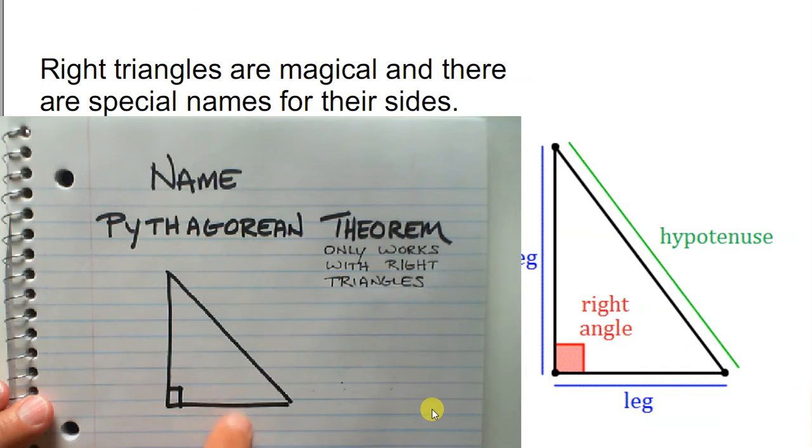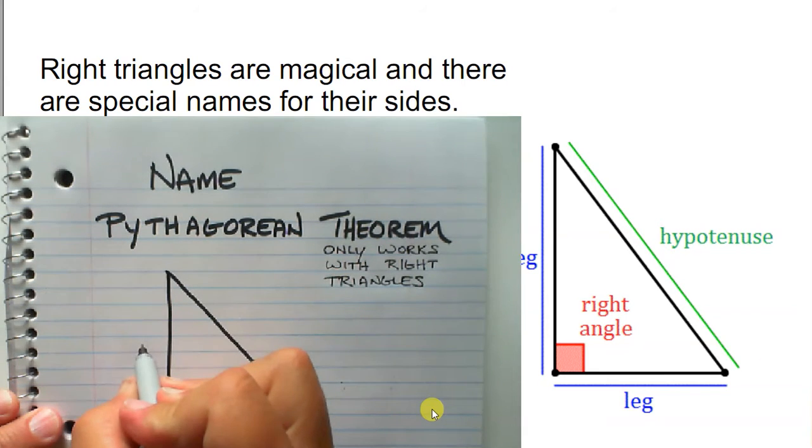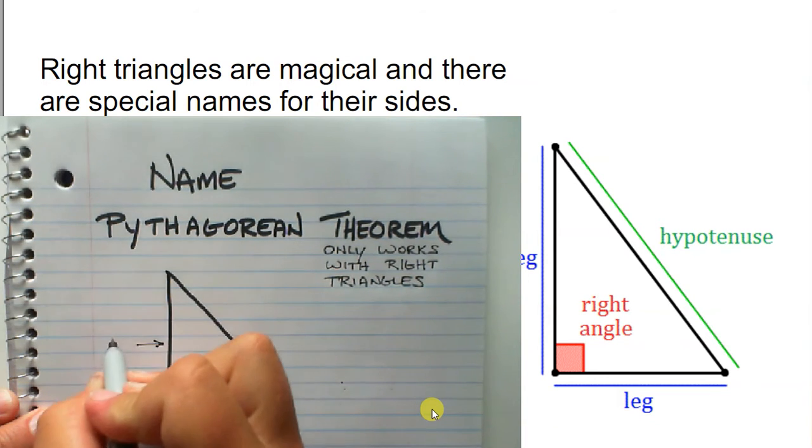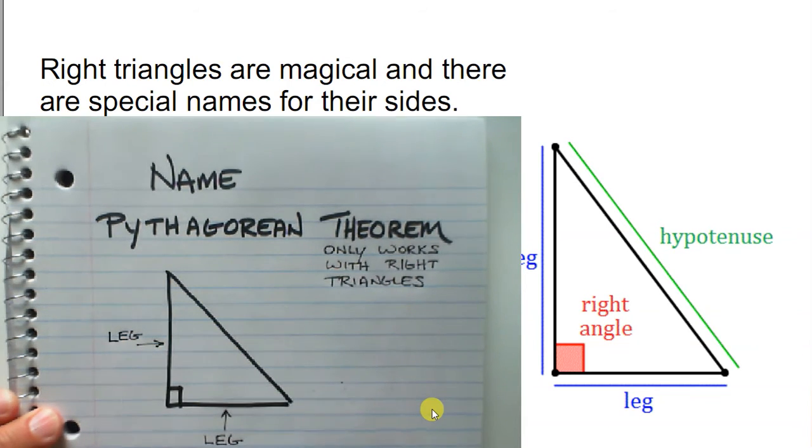So notice there are three sides to the triangle. This side right here and this side right here are both called legs. And the biggest side, the longest side, this is always going to be the longest side, the one opposite the right angle, the 90-degree angle.